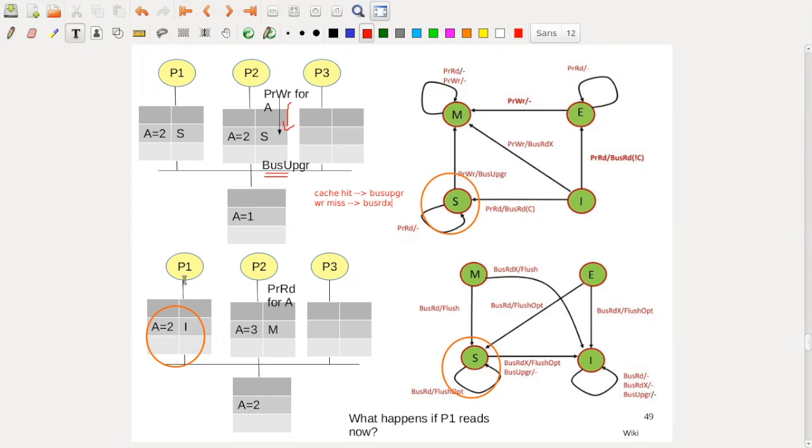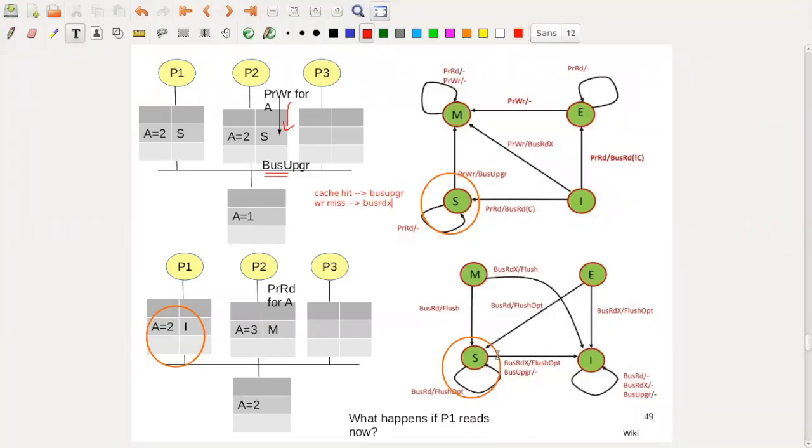And this processor sees that bus upgrade signal while it is in the shared state, and therefore it's going to change to the I state.